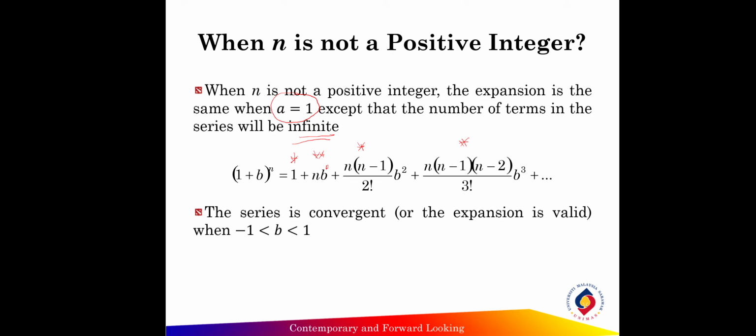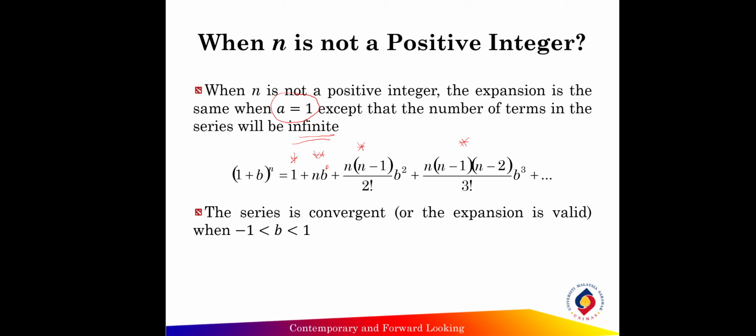Same concept as the positive integer, the b is increasing. Since a is 1, any power of 1 will also give 1. That's why we want to make sure the a is 1, so that the expansion will not involve any a for the following terms.